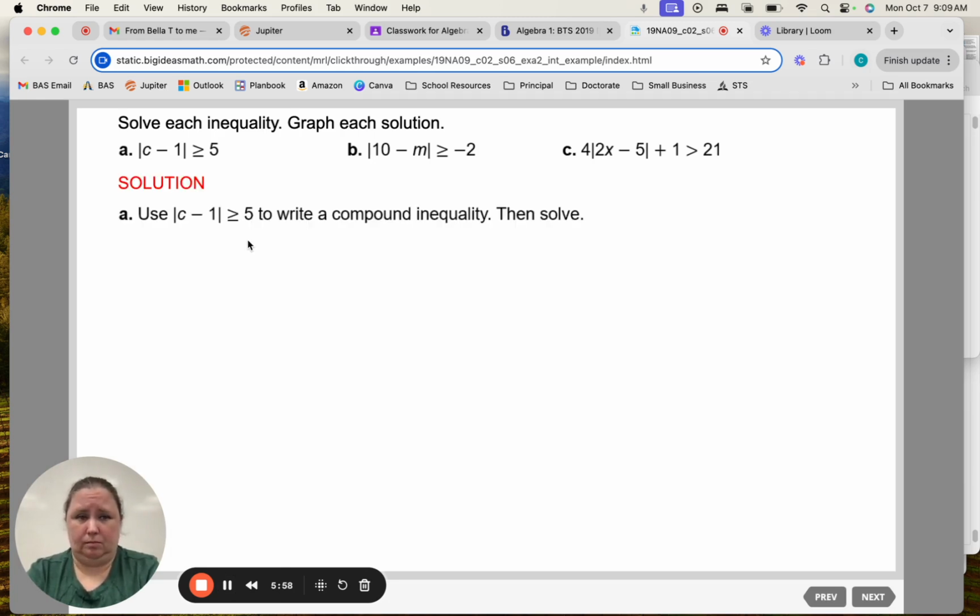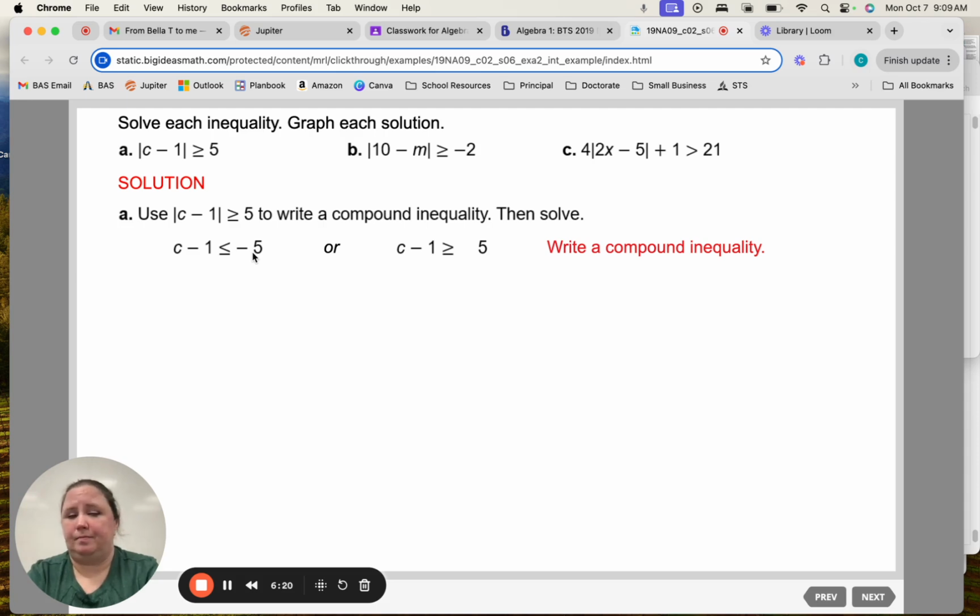Write your two possible answers for C minus 1 is greater than or equal to 5. So you're going to have C minus 1 is less than or equal to negative 5, and then C minus 1 is greater than or equal to 5. Why did we flip the sign? Because we made this number a negative.